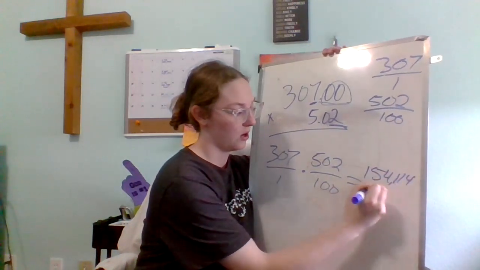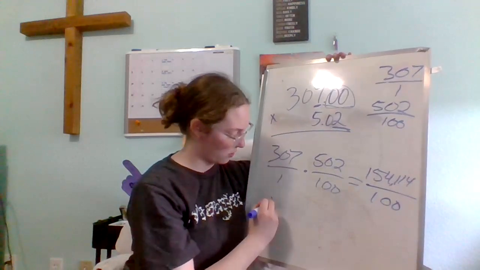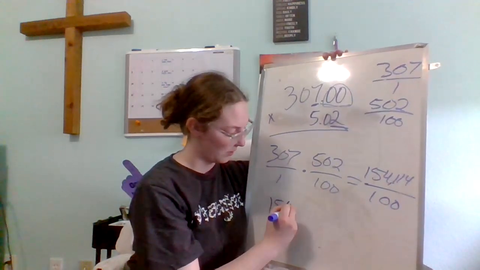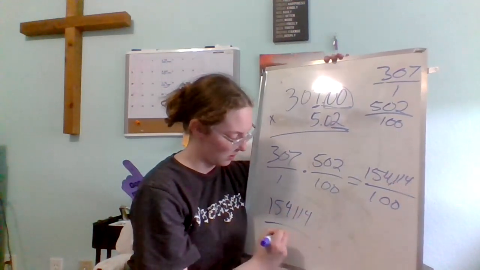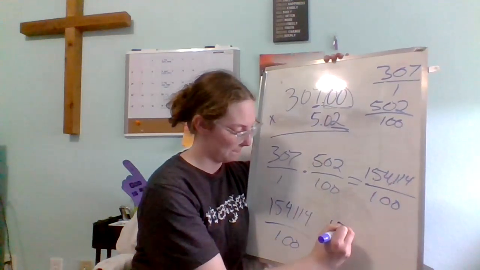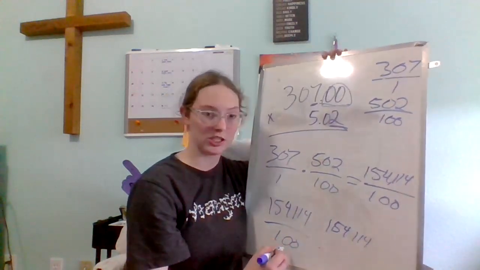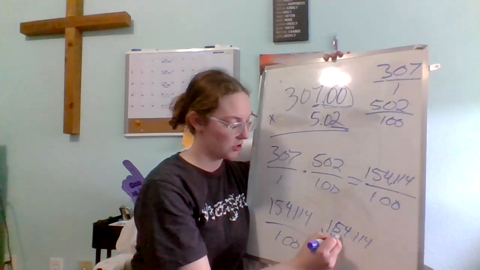154,114 over 100. And then you would take your number and you would take it over to the hundredths spot. It should be 1, 2.